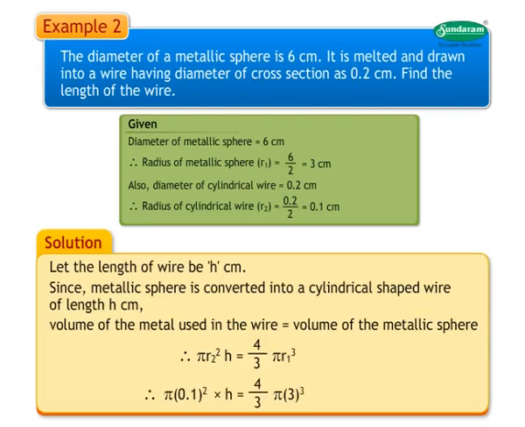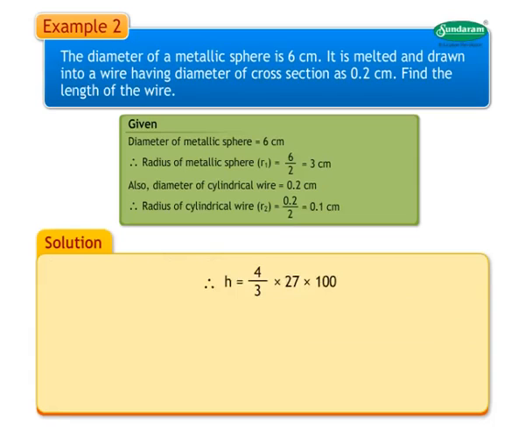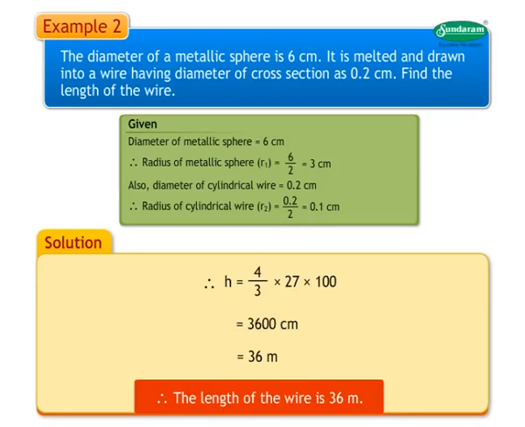Therefore, pi into 0.1 square into h is equal to 4 upon 3 into pi into 3 cube. Therefore, h is equal to 4 upon 3 into 27 into 100 is equal to 3600 centimeters is equal to 36 meters. Therefore, the length of the wire is 36 meters.